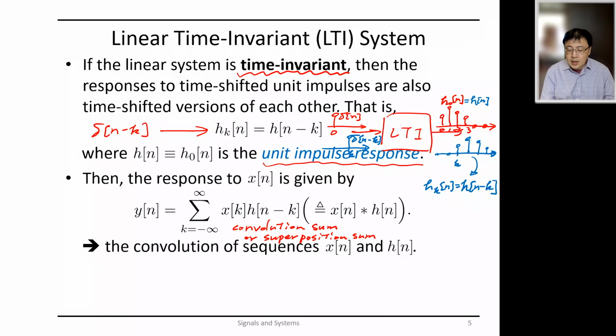So this equation tells us that if you are given h of n, the unit impulse response, then you can completely characterize the output for any input x of n. So this is saying that this unit impulse response h of n completely characterizes a linear time invariant system. This is a very important remark.